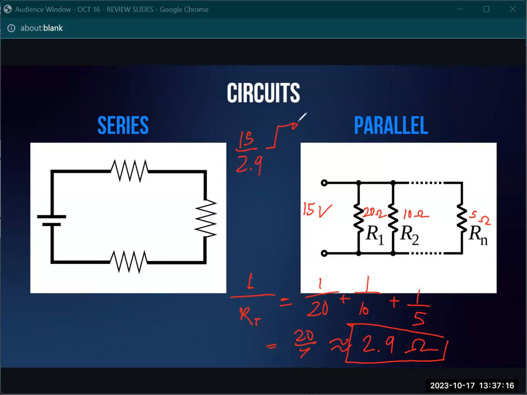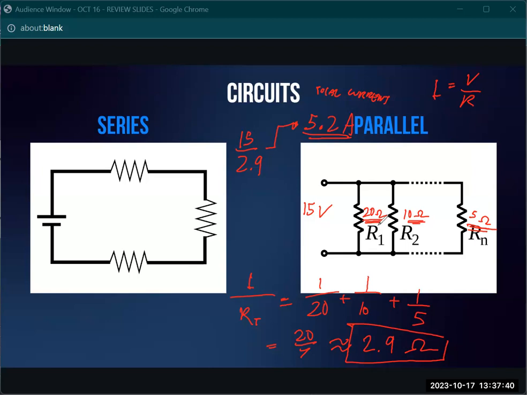So, makuha natin is 5.2 amperes. Ito ang total na current. Pero ano ang component niya for each of these? Current is equals to V over R. So, that's what we're going to do.